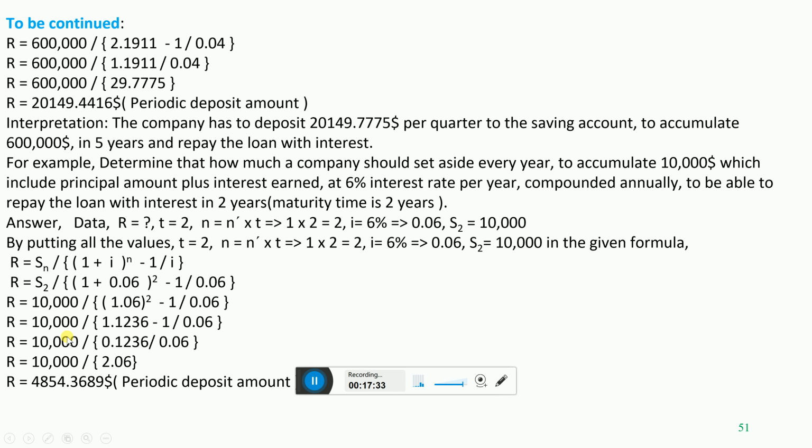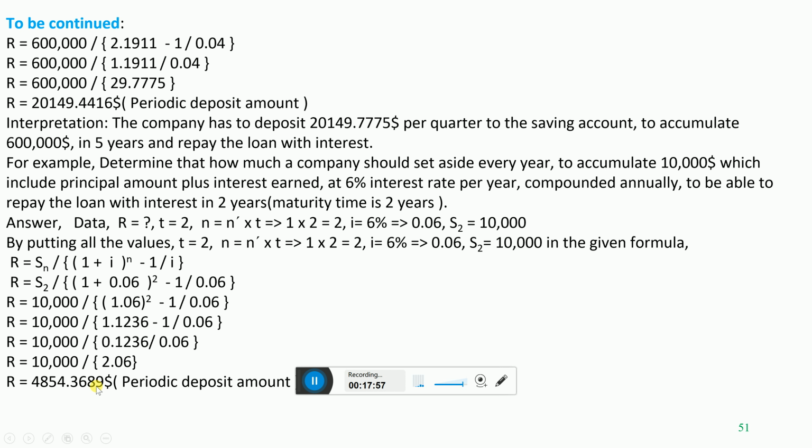When we subtract 1 from 1.12 we find 0.12, divided by 0.06. So R is equal to $10,000 divided by 2.06, and R is equal to $4,854.36. So what does this mean?